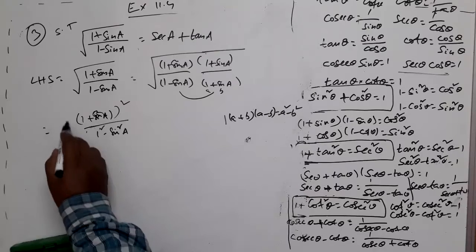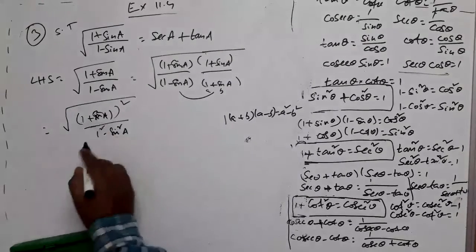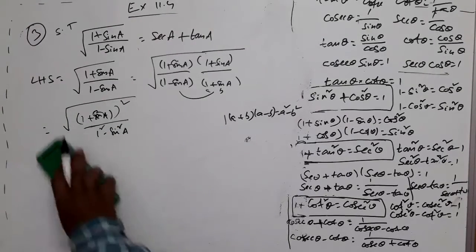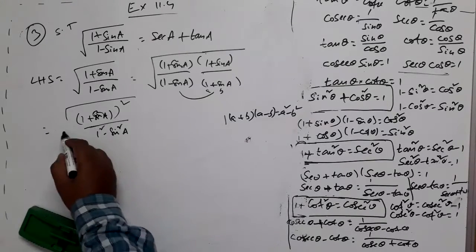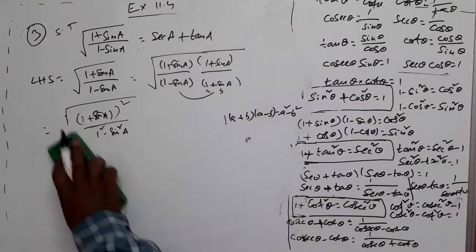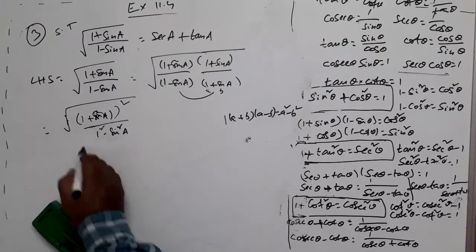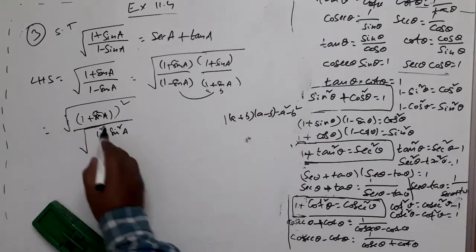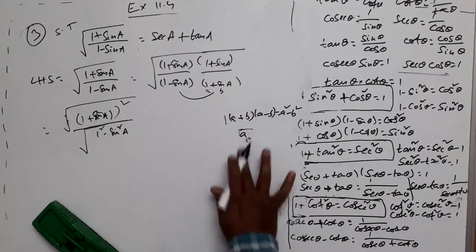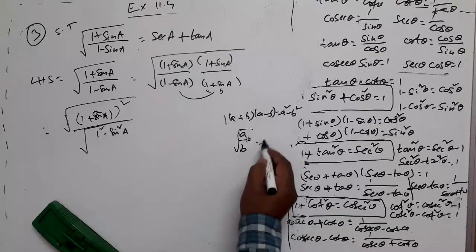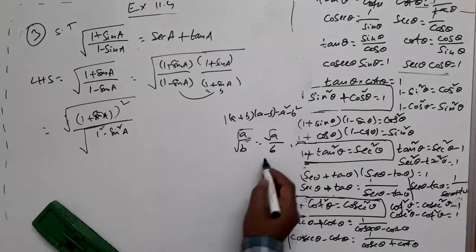That is square root of 1 plus sin a whole square by square root of, I can write like this, right? If I have root of a by b, can I write this as root a by root b? Yes, I can write, right?